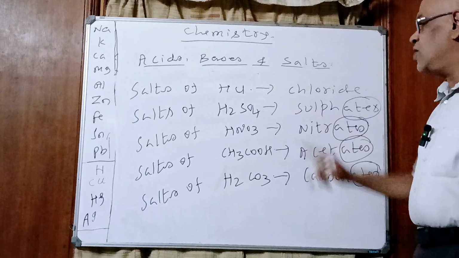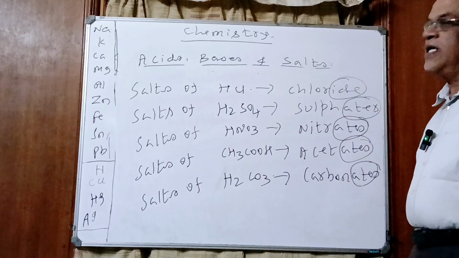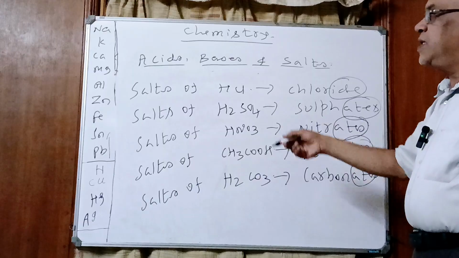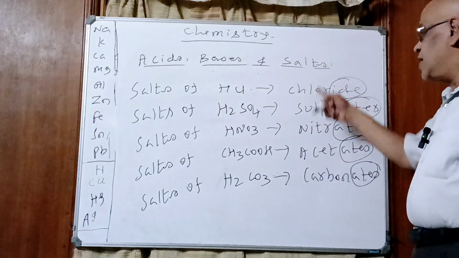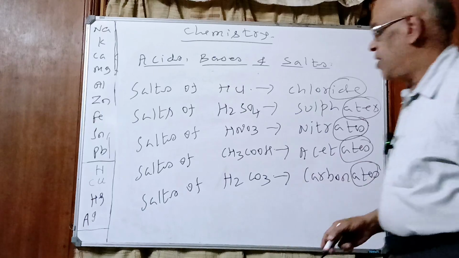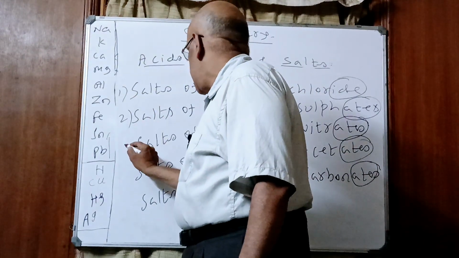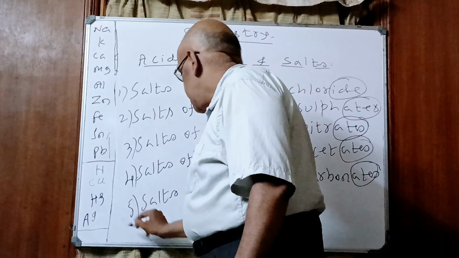Only salts of hydrochloric acid don't end with ate, but still it is salt. Understood, children? So, these are different salts formed from different acids. How many acids, children? First one is hydrochloric acid, sulfuric acid, nitric acid, acetic acid, carbonic acid.